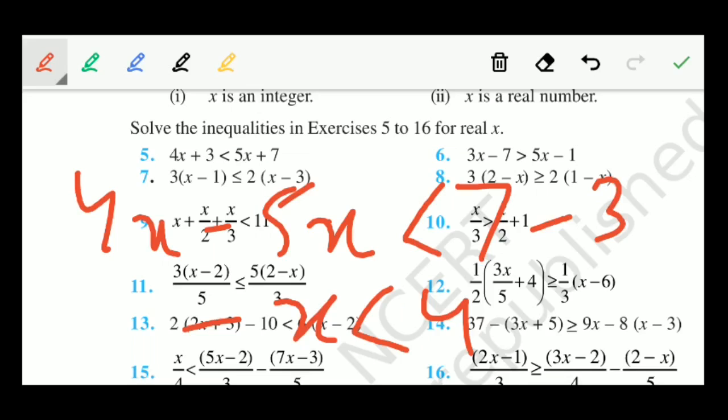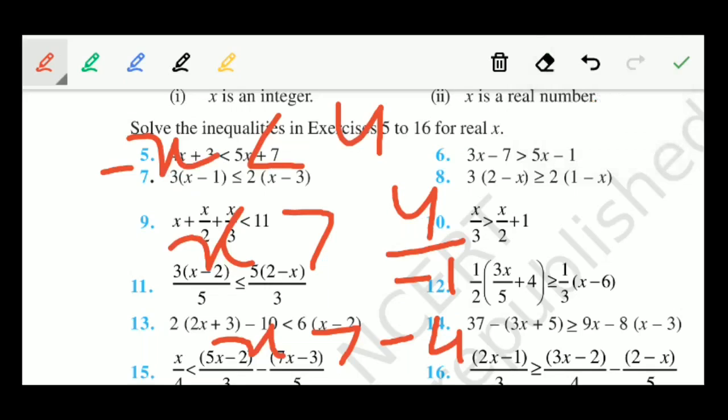After simplification you will get minus x less than 4. Now minus x is less than 4, and with x there is a minus, so we will multiply both sides by negative. On the left hand side, minus minus will be cancelled, and on the right hand side you will get minus 4. Now the inequality is changed. I already told you this rule for solving inequalities.